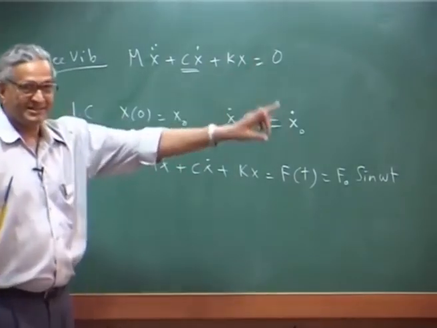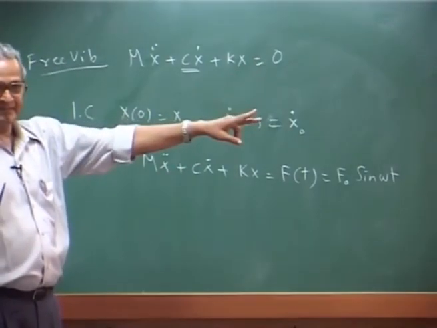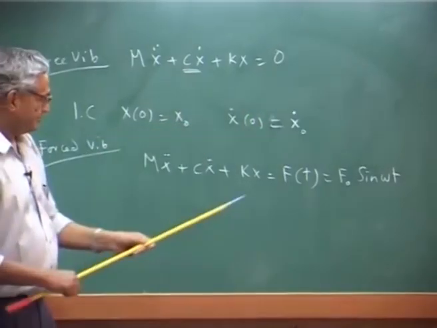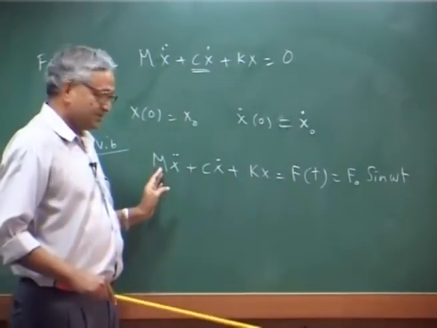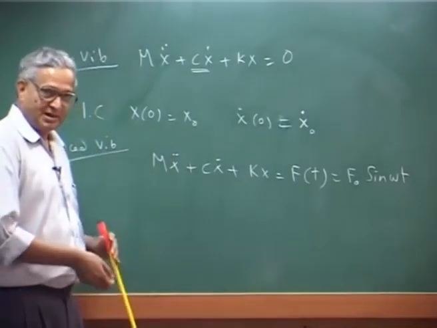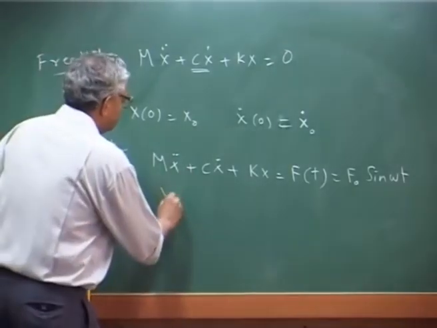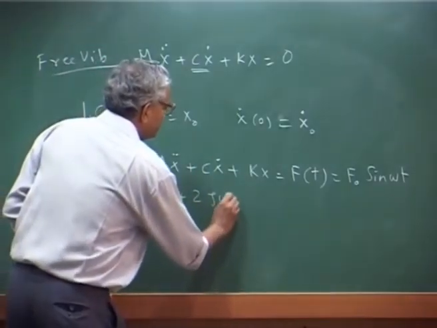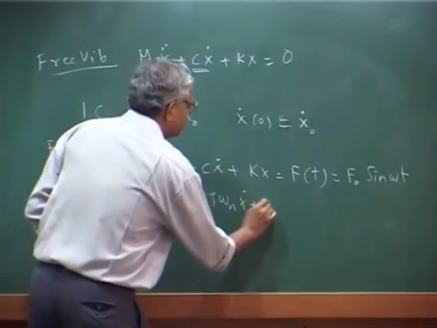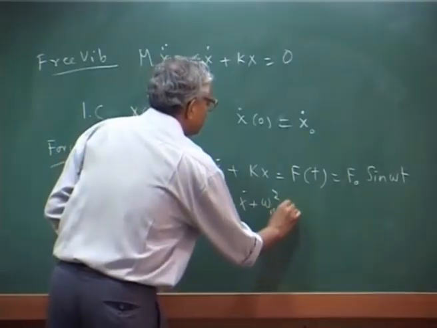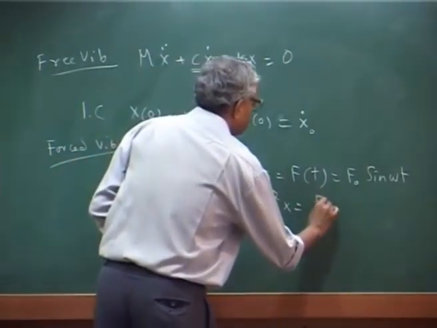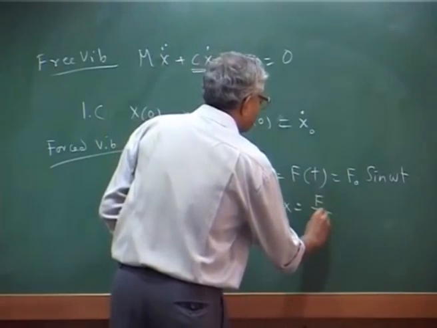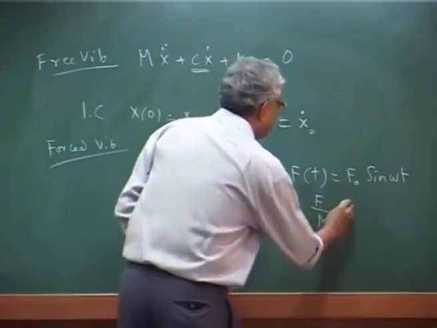Now, what we are looking at here is, you convert this into non-dimensional form. You may have x double dot plus c over m x dot plus omega n square x, and here you make it f over m, if you divide by m.